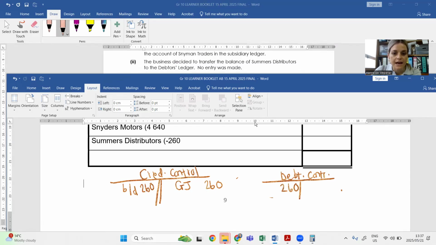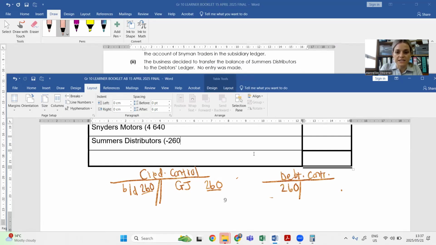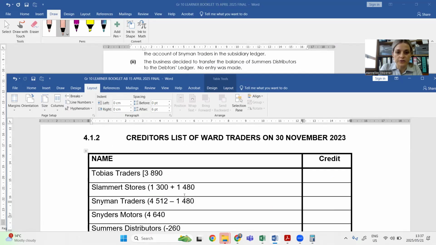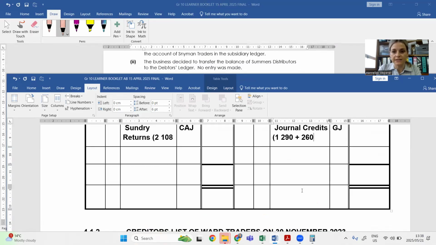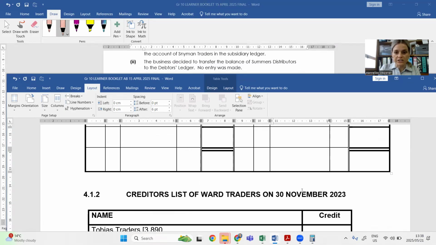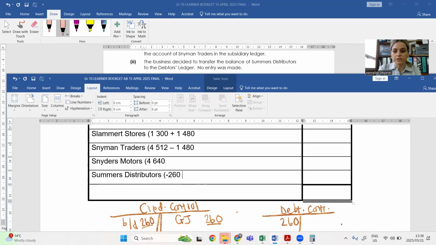So in other words, I'm crediting his account to get his account to 0. Because to get out of the debit, I need to credit. So that's why in the GJ, I'm saying debit debtors control, credit creditors control. And that makes this a journal credit of 260. Then, if it's now in my GJ, I've posted it to my general ledger. I also have to post it to my creditors ledger.